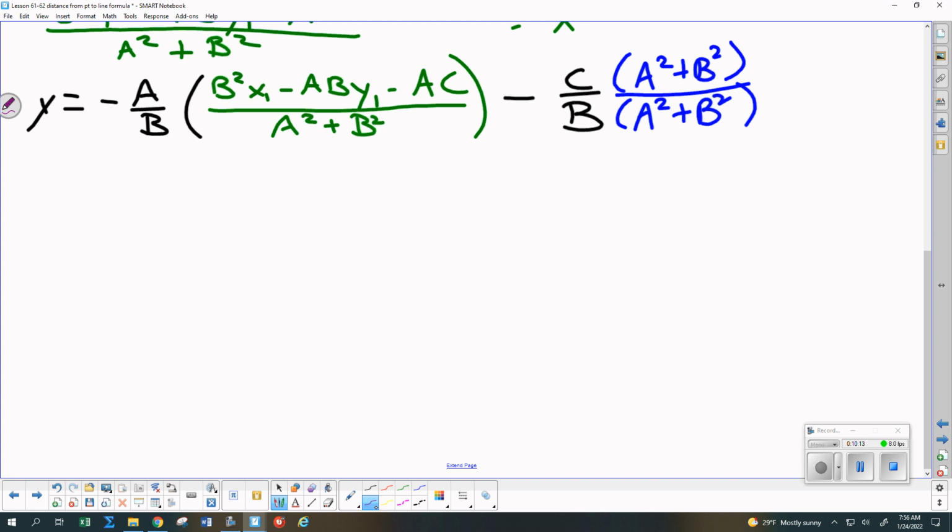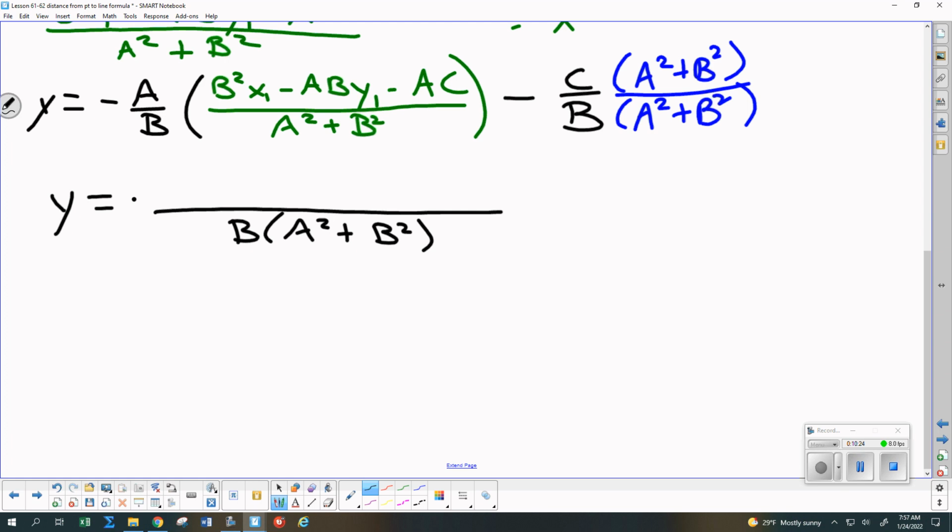So I have that our y is, if I distribute, my denominator will be b times a squared plus b squared. That part's pretty easy. My numerator will be minus ab squared x1. Minus minus will be a plus a squared b y1.